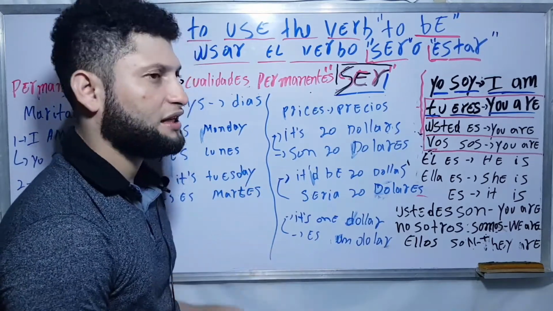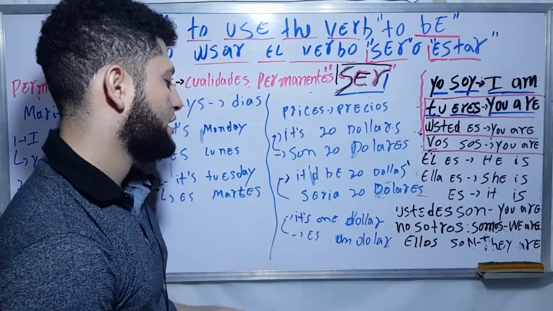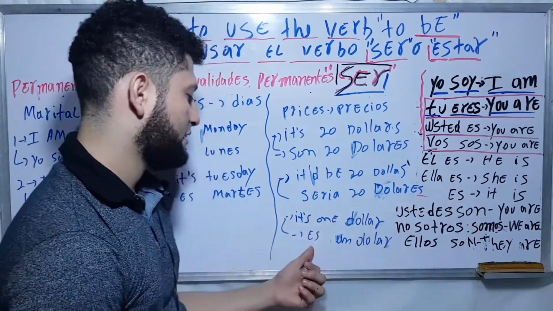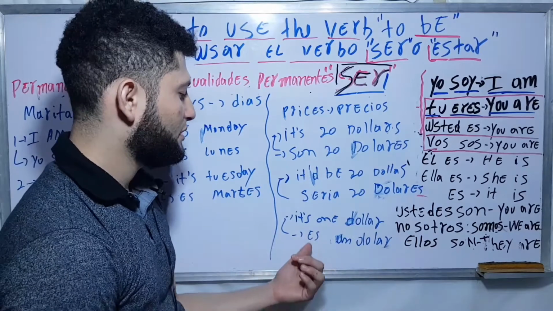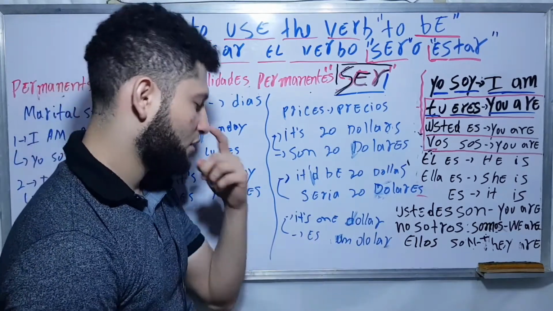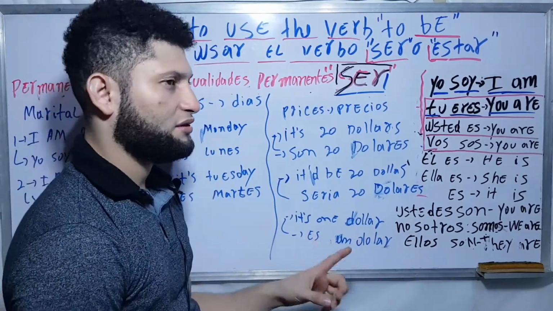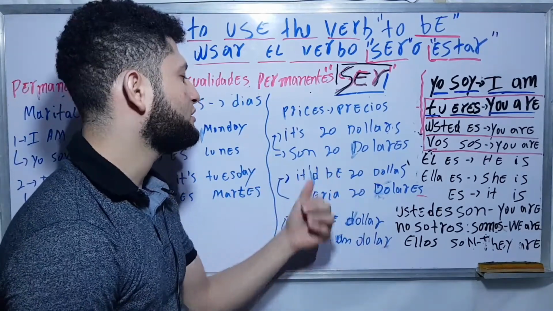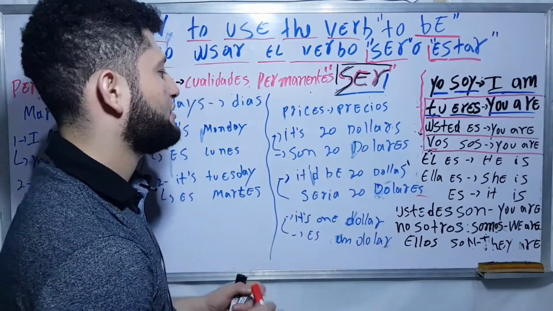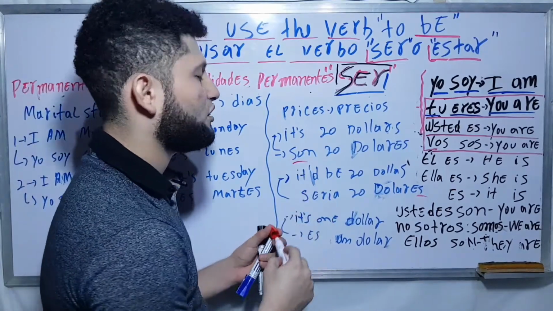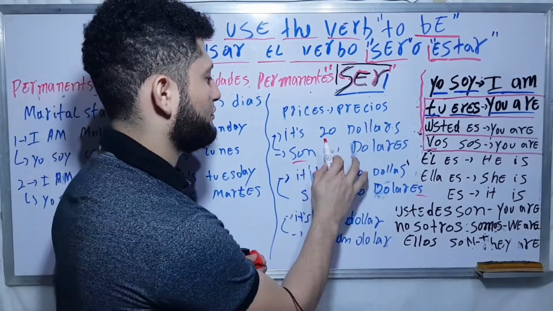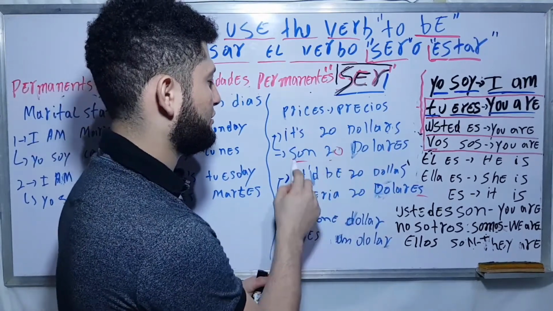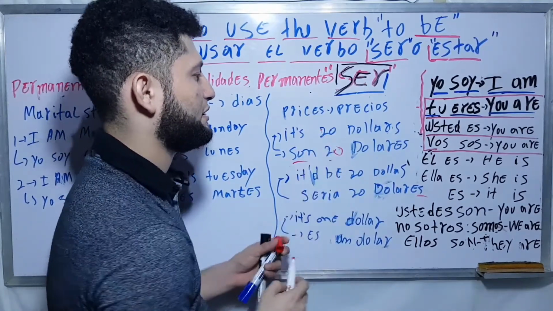The only case where you say it like the translation is when it's $1, you will say es un dólar, because it's only one. But if it's more than $2, you will say this expression all the time. Son, for example, son $2, and in this case son $20.